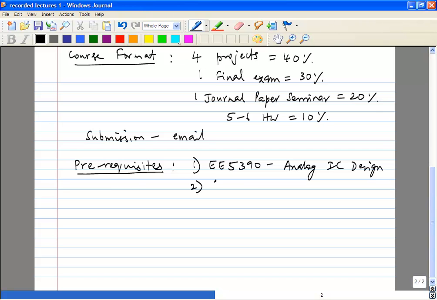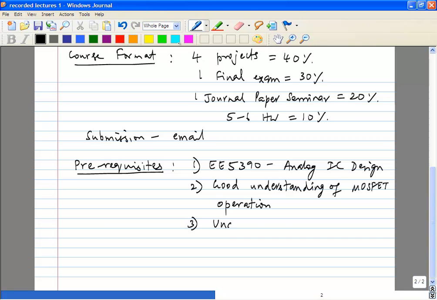You should have a good understanding of MOSFET operation. So some basic MOSFET devices and the small signal model of the MOSFET.